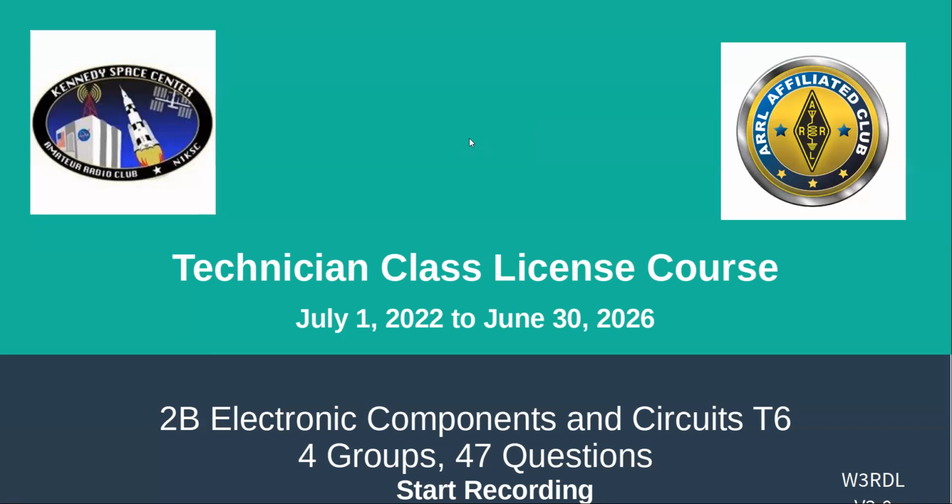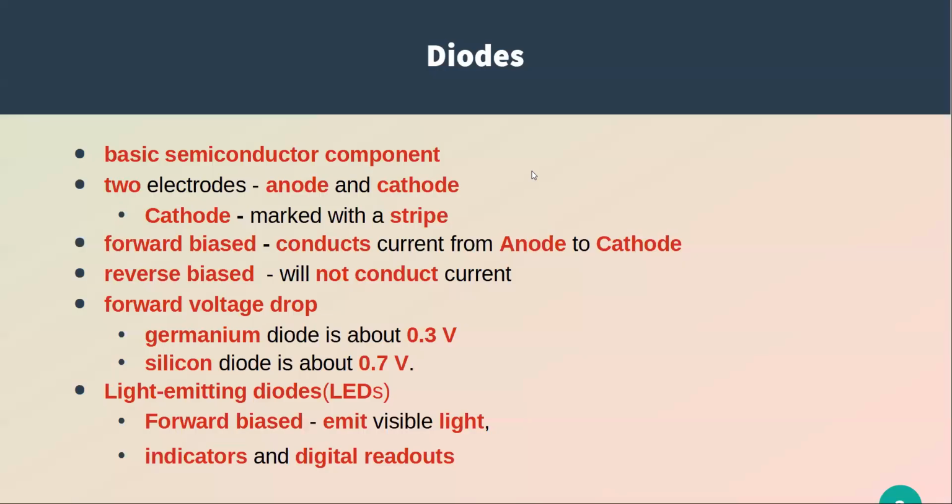Okay. So the first thing we're going to talk about now are diodes. It's really the first, well, it's not exactly an active device, but it's part of active devices. Today, they're mostly semiconductors.